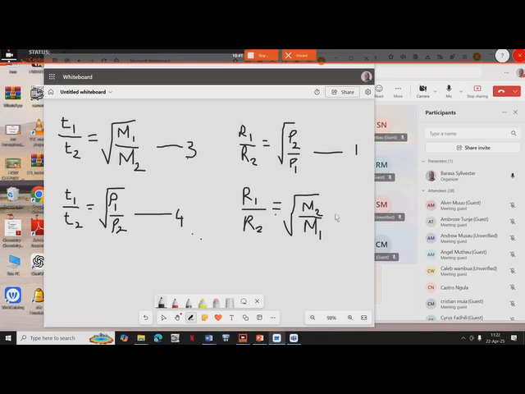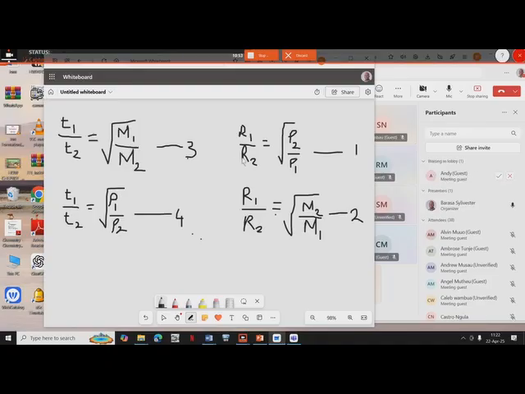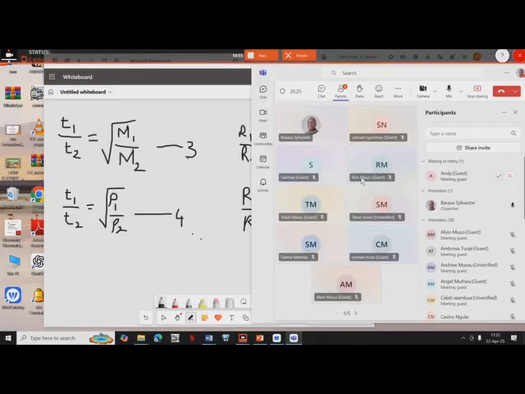So you should be very keen. If you have two gases, the rate of gas 1 should be inversely proportional to the mass of gas 2.